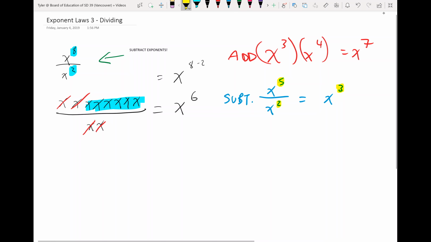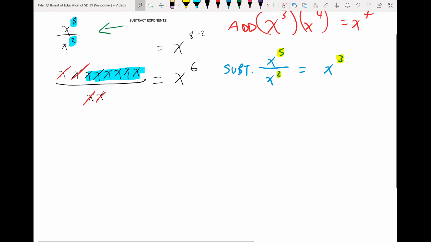Let's do an example with numbers, just so we can see it a different way. Let's say we had 3 to the power of 4 divided by 3 to the power of 3. I could multiply these out and get the right answer, and we'll do that to check in the end. But let's do it the way we did before. 3 to the power of 4 means 3 times 3 times 3 times 3, and 3 to the power of 3 is 3 times 3 times 3.